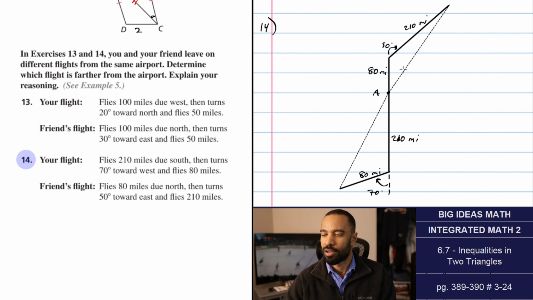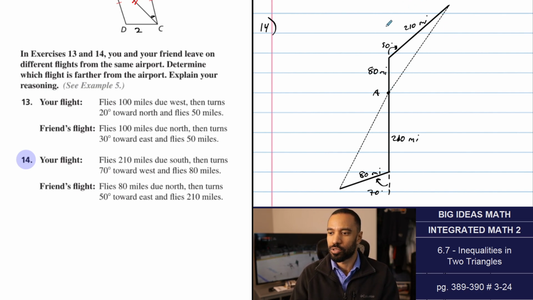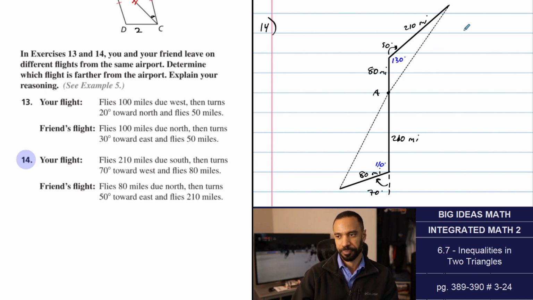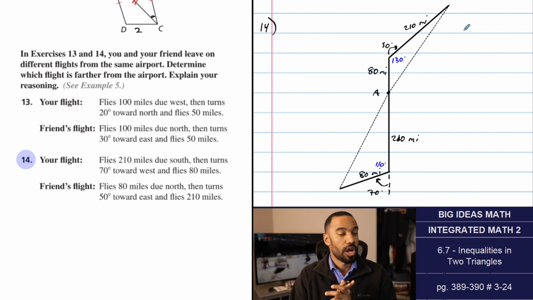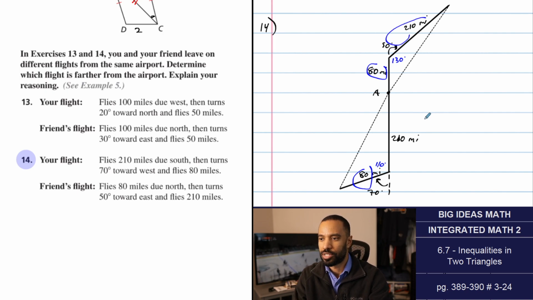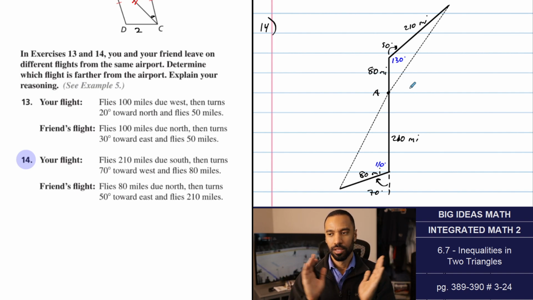Okay, who traveled farther? Well, let's talk about those angles that are inside once again. If this is 70 degrees, its supplement is 110 degrees, and this 50 degrees, its supplement is 130 degrees. So it's really just all about the bigger angle, guys. Here's 80, here's 80, here's 210, here's 210. So we have that side comparison, and the included angles are the ones we're talking about there.